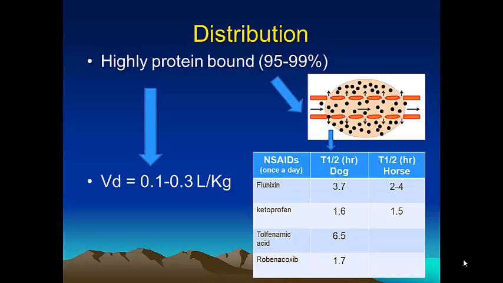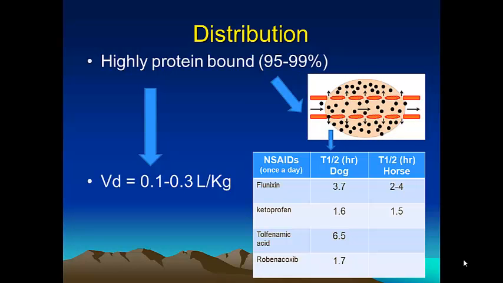In the case of non-steroidal drugs, that may have a therapeutic advantage, because when there is an inflammation, as you can see here, the permeability of those capillaries allows the proteins to leak outside of the vessels, and you basically get accumulation of the drug in that inflammatory exudate.